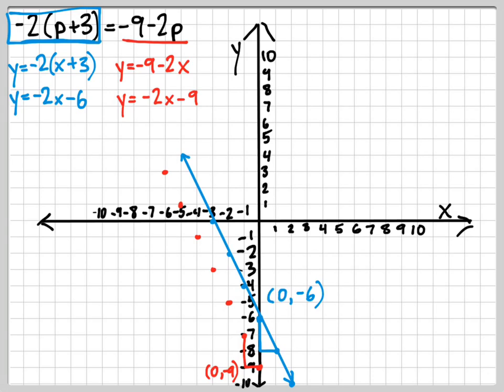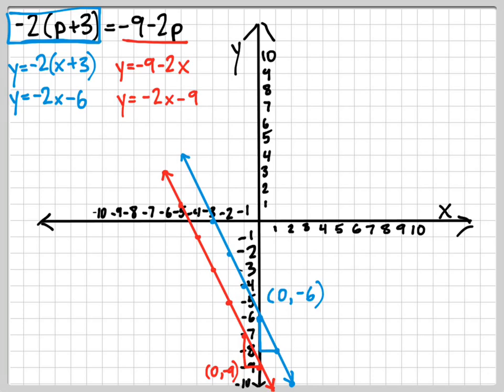Then I'm going to draw the straight line with a slope of negative 2 and a y-intercept of negative 9. There's my line. Of course, I'll label each line.